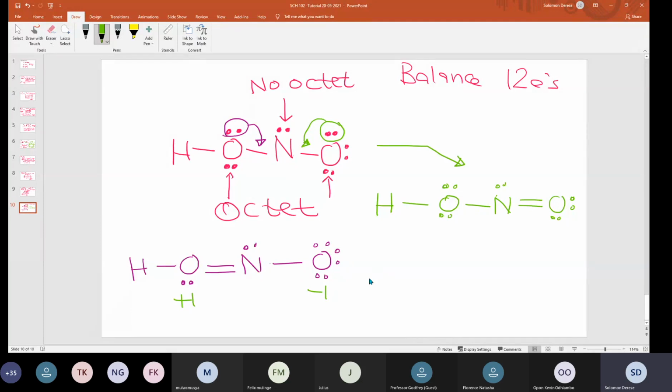But if you look at this one, none of the elements in this molecule are charged. So which one is the correct Lewis structure? The one in purple or the one in green? The one without a charge. The one in green is the correct one. This is the valid Lewis structure for the molecule.